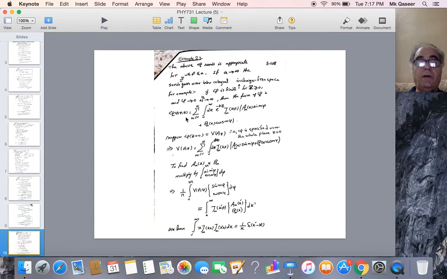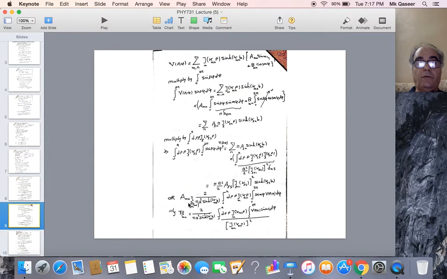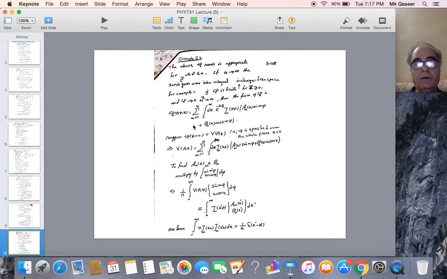So the previous solution reduces to this form: summation over m from 0 to infinity, integration from 0 to infinity dk times e to the minus kz. The exponential e to the k z is now divergent, we get rid of this, times the Bessel function times the linear combination of sine and cosine.